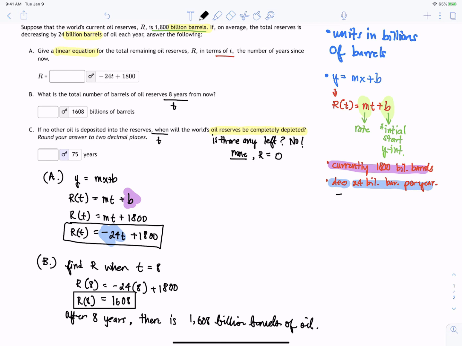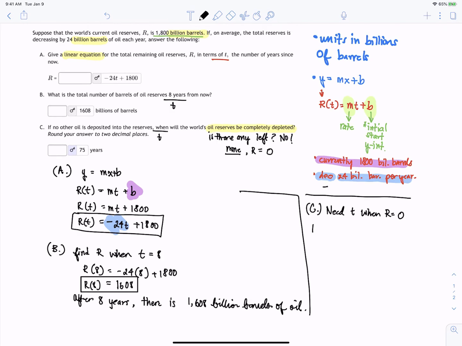So for part C, we need to find T when R is equal to 0. And essentially what we're looking for now is the x-intercept. So if R of t is equal to negative 24t plus 1800, then this is equal to negative 24t plus 1800, which is equal now to 0.